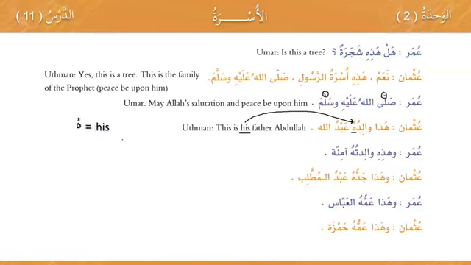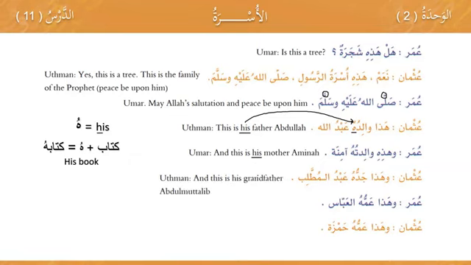As you can see over here, hu means his. For example, kitab plus hu, so kitabuhu means his book. Wa hadhihi walidatuhu Aminah, and this is his mother, Aminah. And similarly, Uthman says, wa hadha jadduhu Abdul Muttalib, and this is his grandfather, Abdul Muttalib.